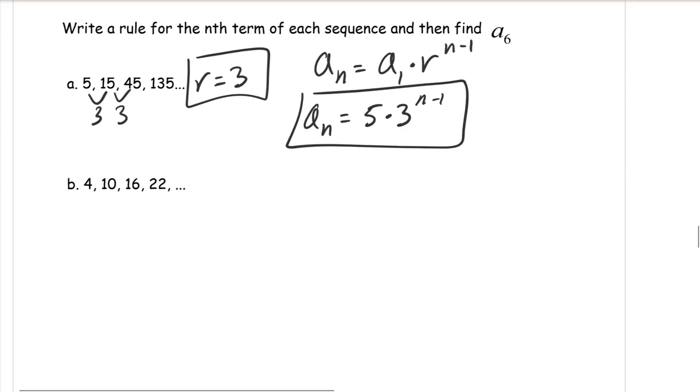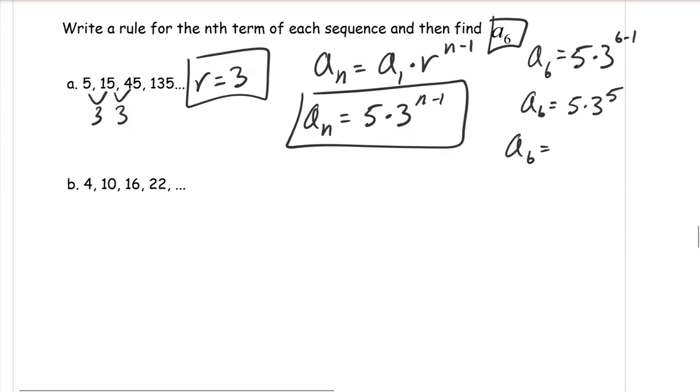And then if we wanted to find the sixth term, we'd say a sub 6 equals 5, our first term, times, what's our r? 3 to the 6 minus 1 power. So a sub 6 is 5 times 3 to the 5th power. And we could do that math later. 3 times 3 times 3 times 3 times 3.